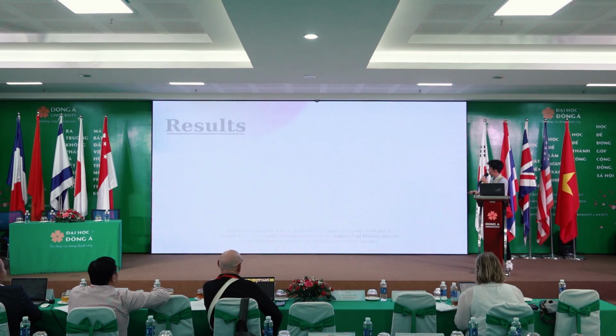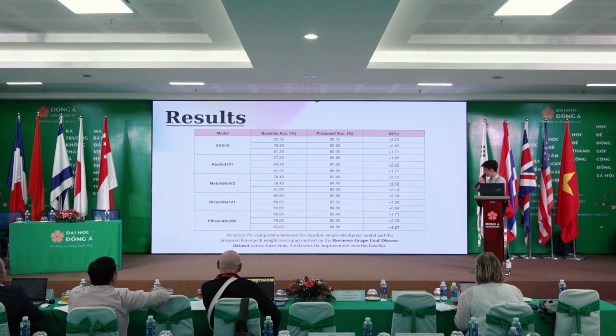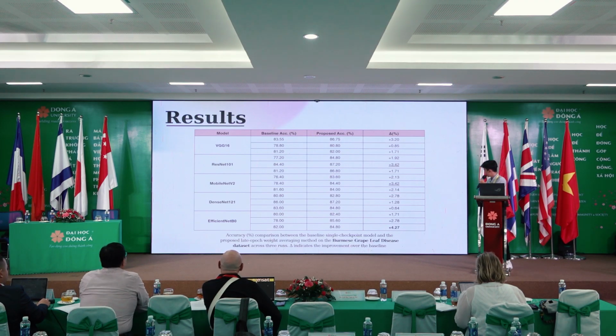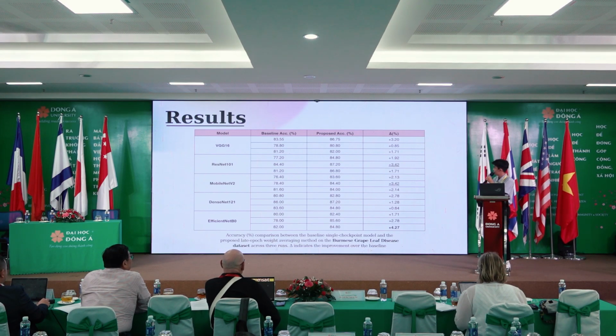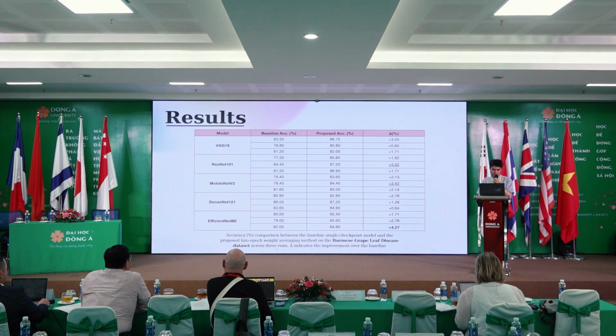On the Burmese green leaf disease dataset, the highest improvement is from EfficientNetB0 with 4.27, and the next is MobileNetV2 at about 3.42.